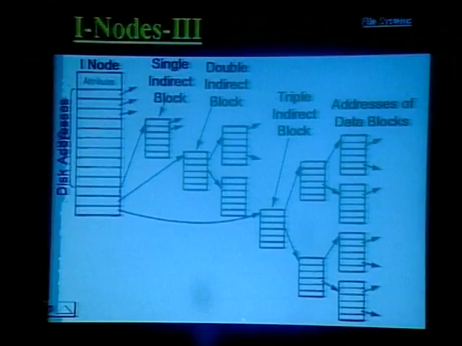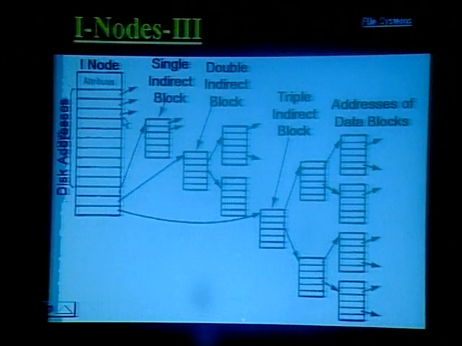Now let's look at how inodes are implemented with the help of a diagram. In this diagram, we see we have an inode which contains the attributes of the file, and we have the block disk addresses. And normally, as we mentioned, we have 12 direct pointers to the disk blocks. As we see, these pointers point directly to the disk blocks.